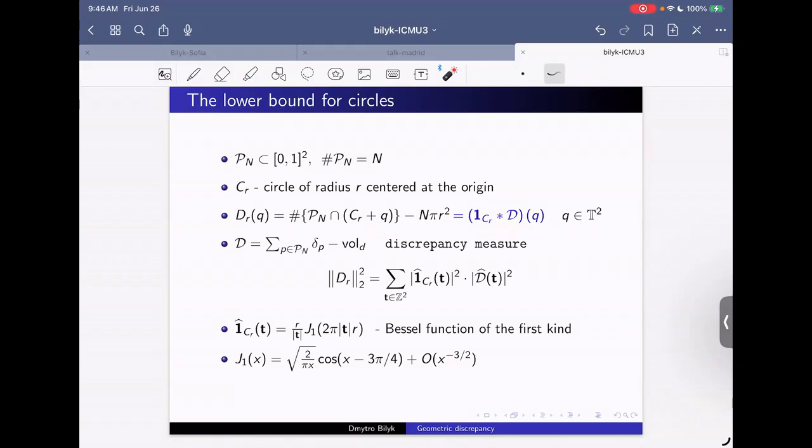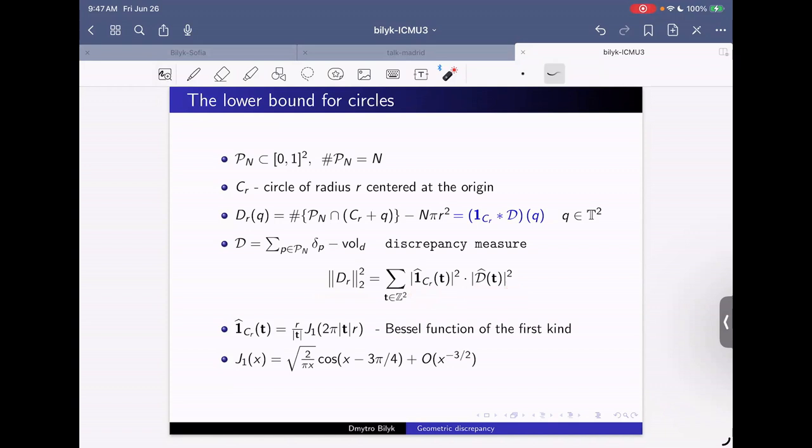Okay, and again, the very same way, convolution becomes product when you consider the Fourier coefficients, and if you want to compute the L2 norm, you just use Plancherel to compute it, so you get a product. And again, you have a separation of the geometric component and the point component.